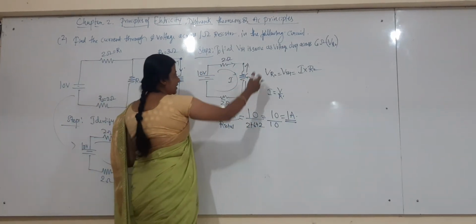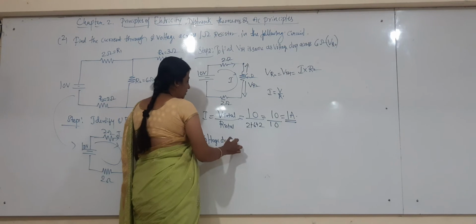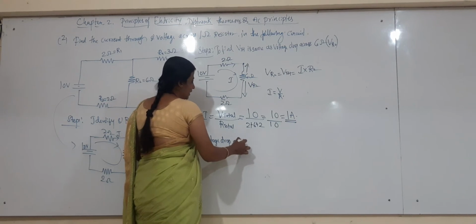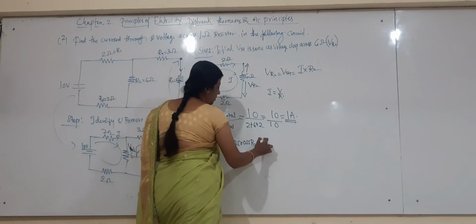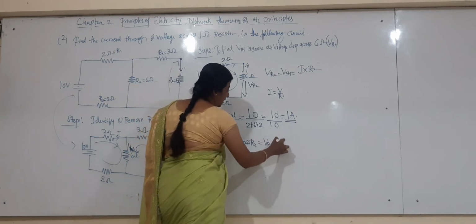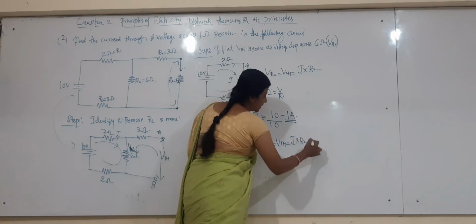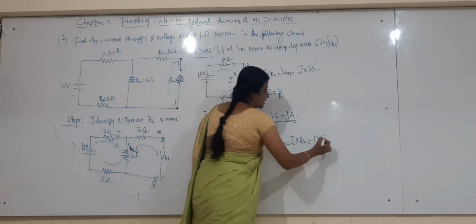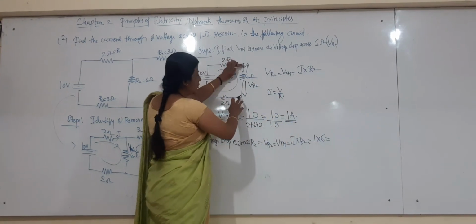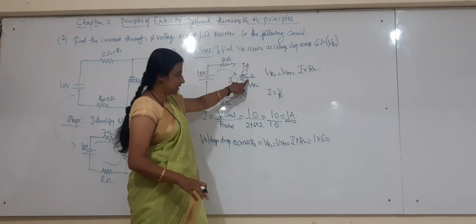So now calculate the voltage drop. The voltage drop across R2, the 6 ohm, VR2, is equal to VTH, which is I into R2, that is 1 into 6.